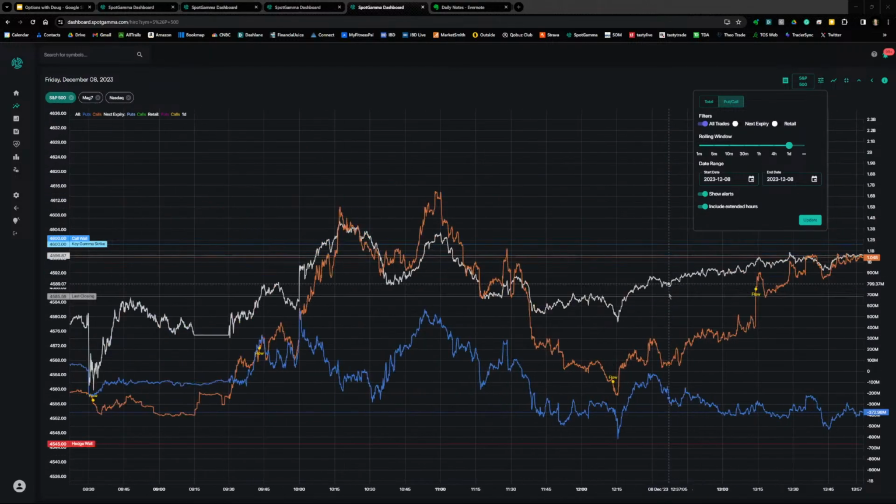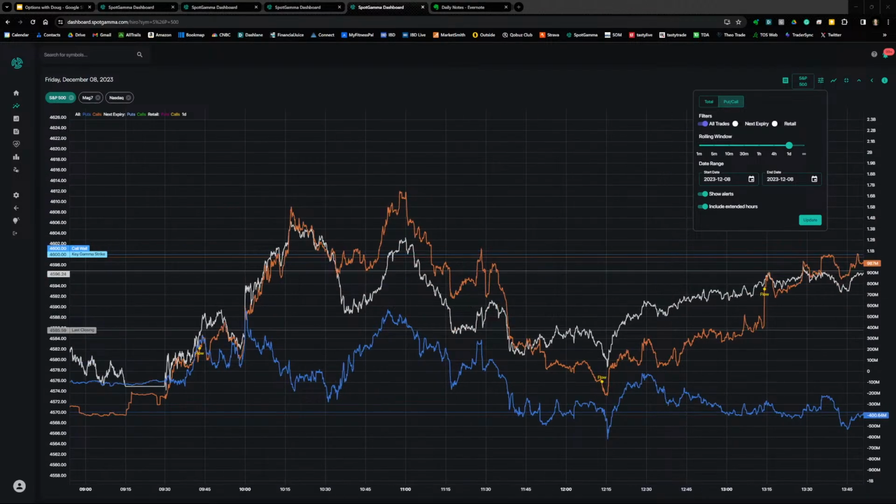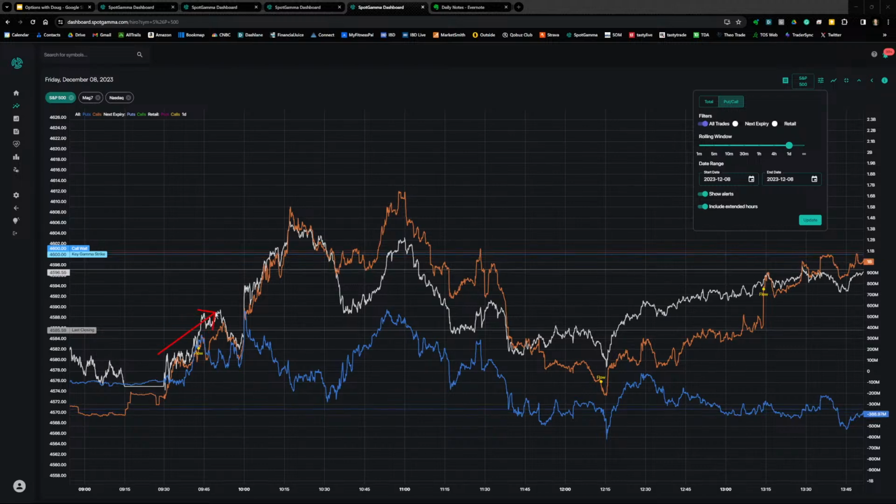Nothing I did, that's an issue with Hero. So initially they were buying calls and selling puts. Blue line and orange line rising the same direction. Rising orange line, traders are buying calls. Rising blue line, traders are selling puts. When both the lines move in the same direction, that's a very strong directional signal.